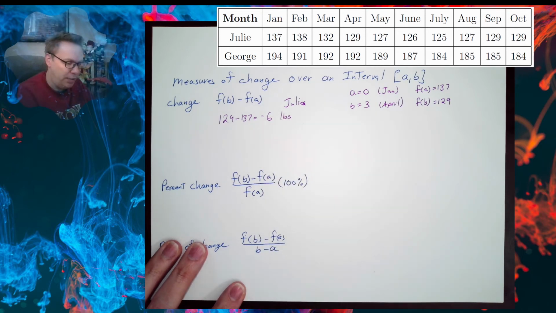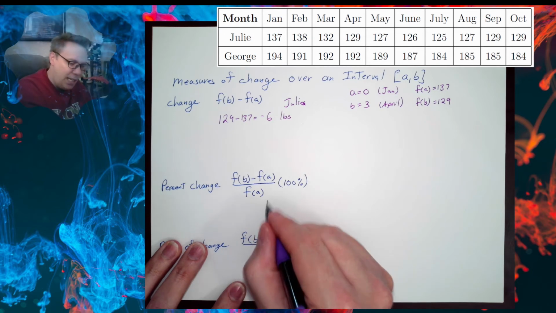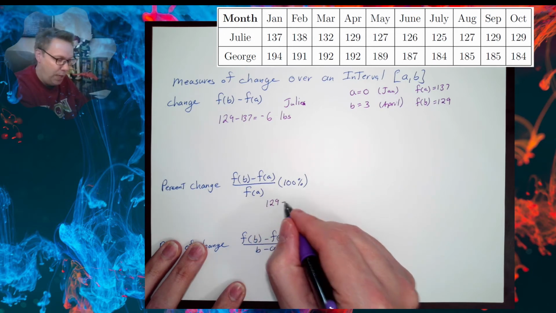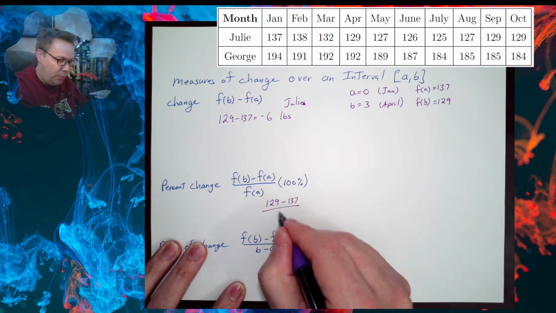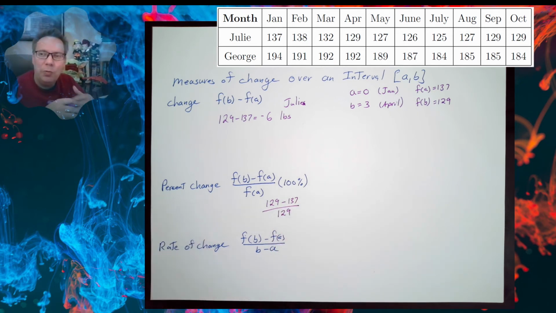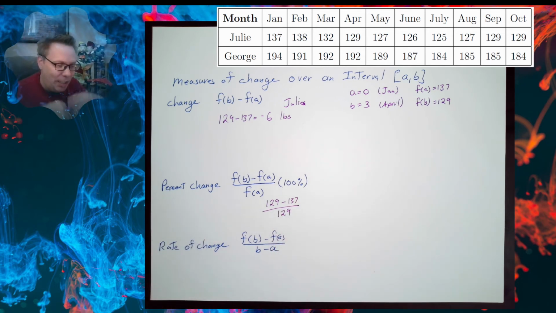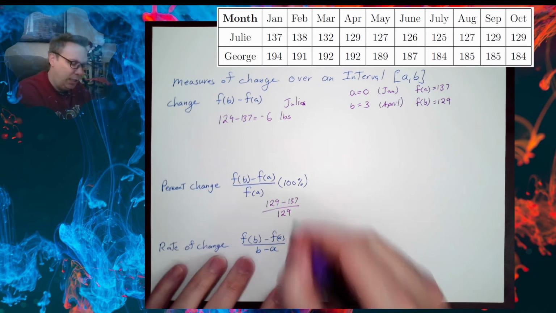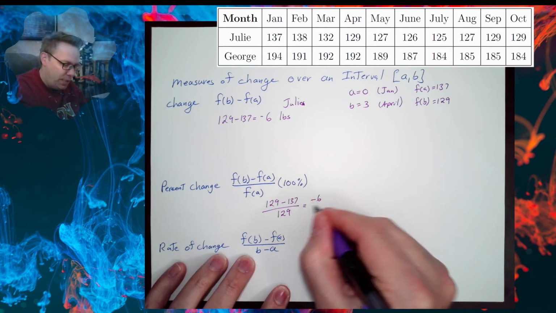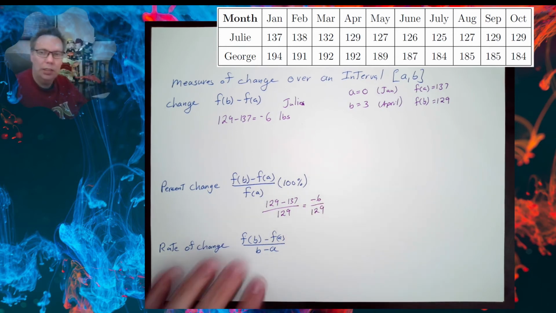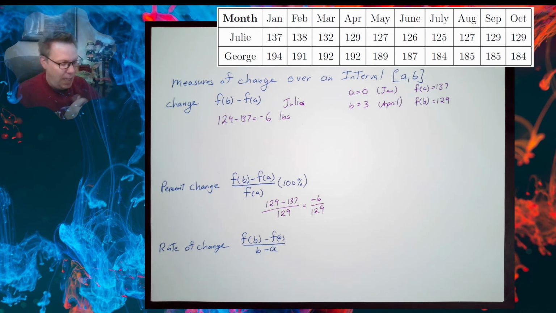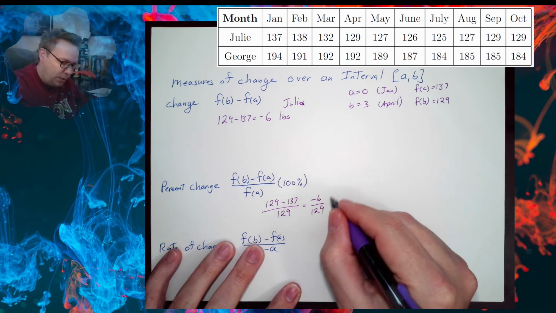Now for this particular calculation for Julie, it is again 129 minus 137, but this time we're going to divide it by 137. In other words, this is the percent change starting at 137, which is equal to negative 6 over 137. And then we have to multiply this by 100%.